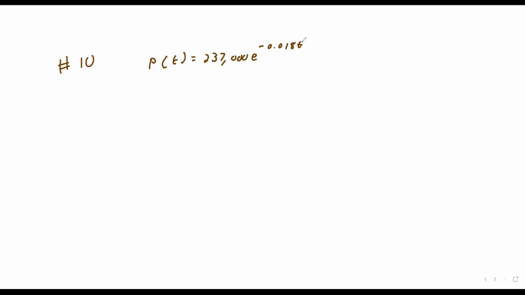What does this model predict the population will be in 10 years? These are the easiest questions. All you got to do is just plug 10 into the equation and get the answer. So even though they're word problems, these type of word problems are the best.